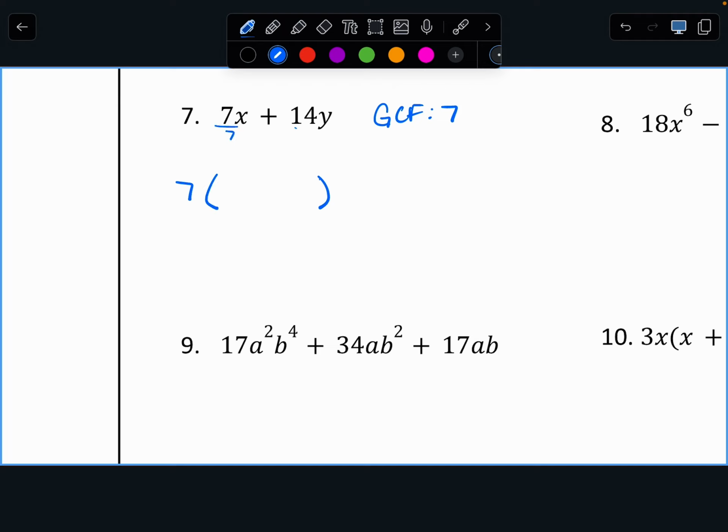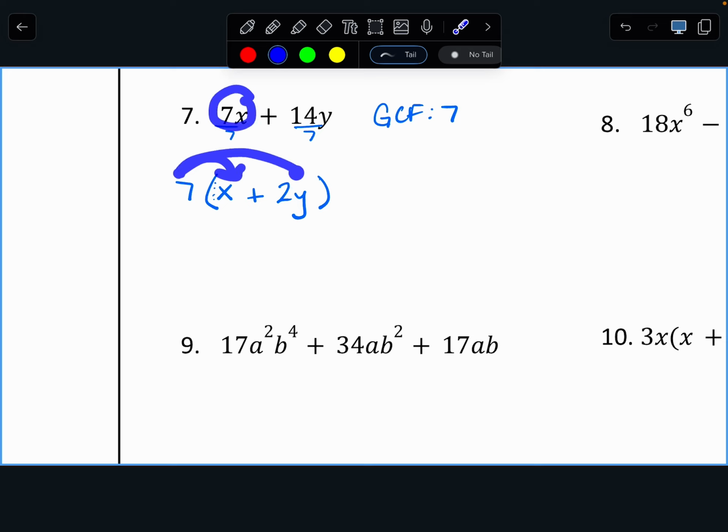When I divide each term by the GCF, 7x divided by 7 leaves me with x, plus 14y divided by 7 leaves me with 2y. Now to check it, if I redistribute, 7 times x is 7x, and 7 times 2y is 14y. So that's how you check it to make sure that you factored it correctly and that it's as simple as it can be.